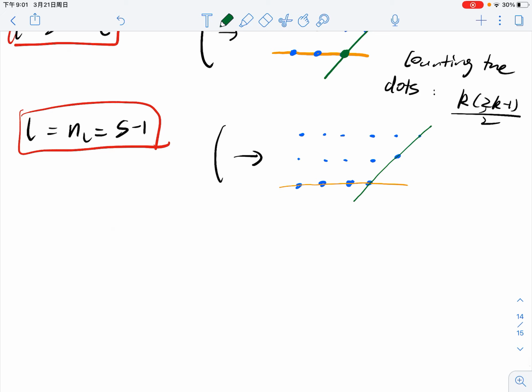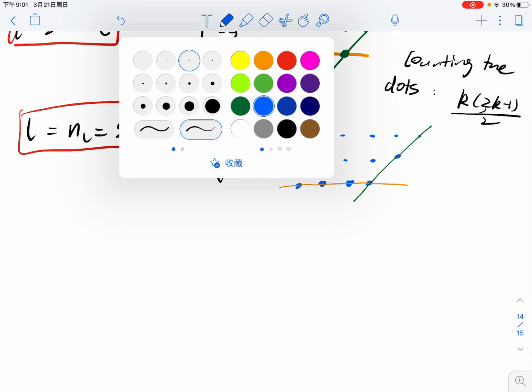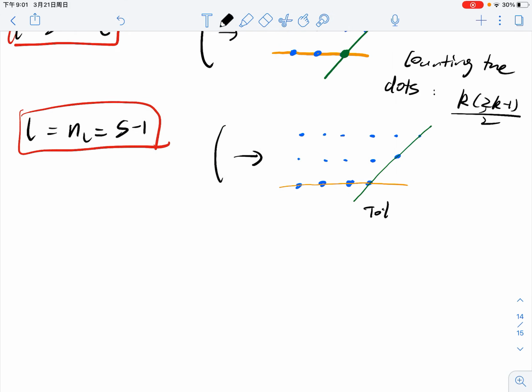And if you compute the total dots, it is k times (3k plus 1) divided by 2.